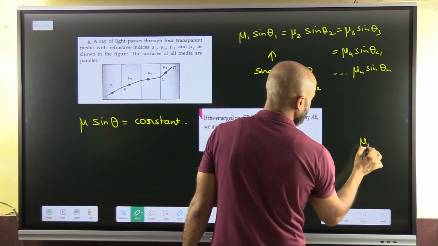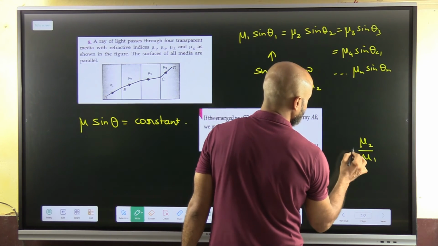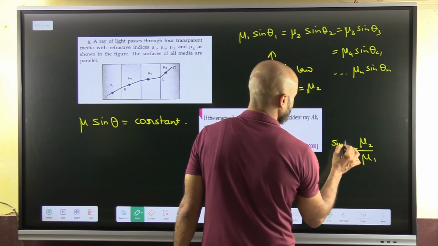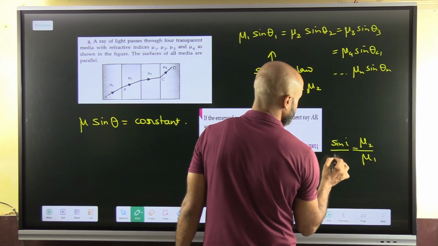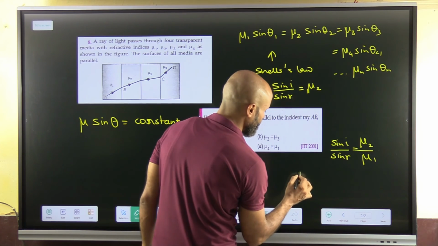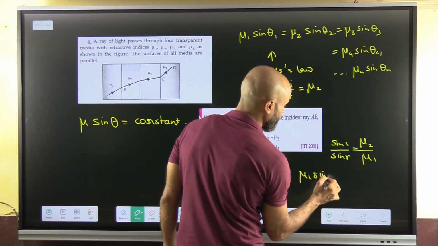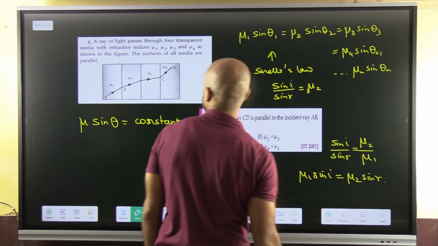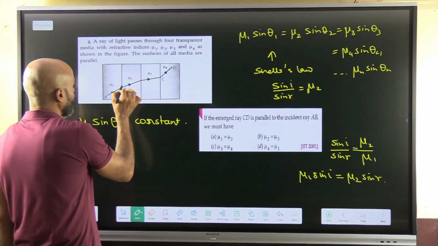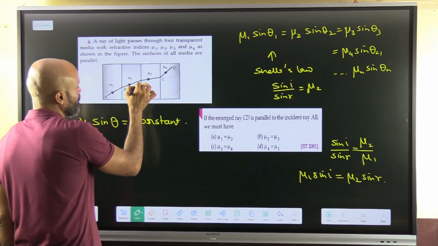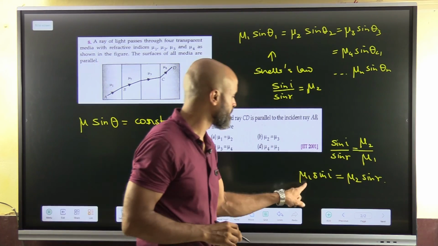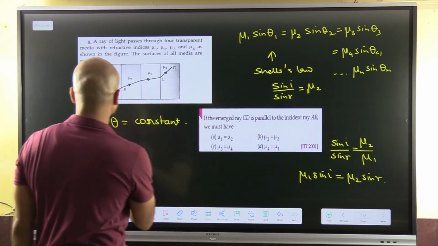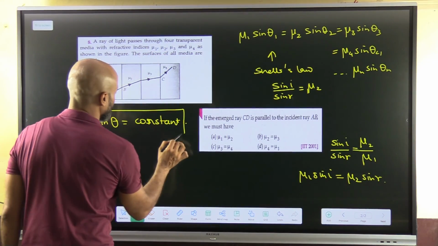So this will be mu2 upon mu1, which means mu1 sine i is equal to mu2 sine r. Whatever the angle of refraction here will be the angle of incidence at the next surface. So it is obvious that mu into sine theta will be constant.